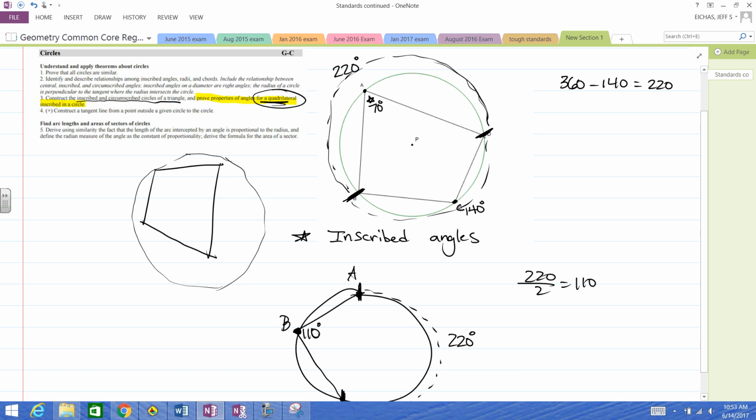Now, angle C is an inscribed angle that opens up to an arc that's 220 degrees. 220 divided by 2, that's 110.